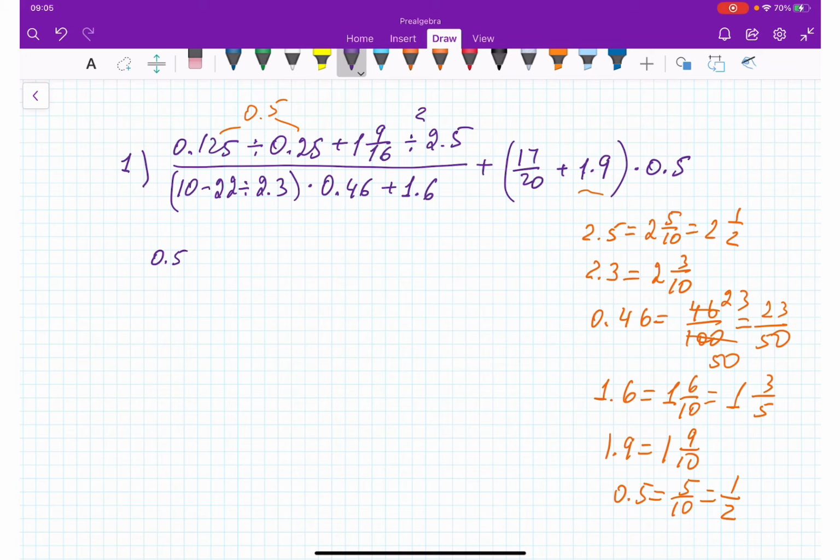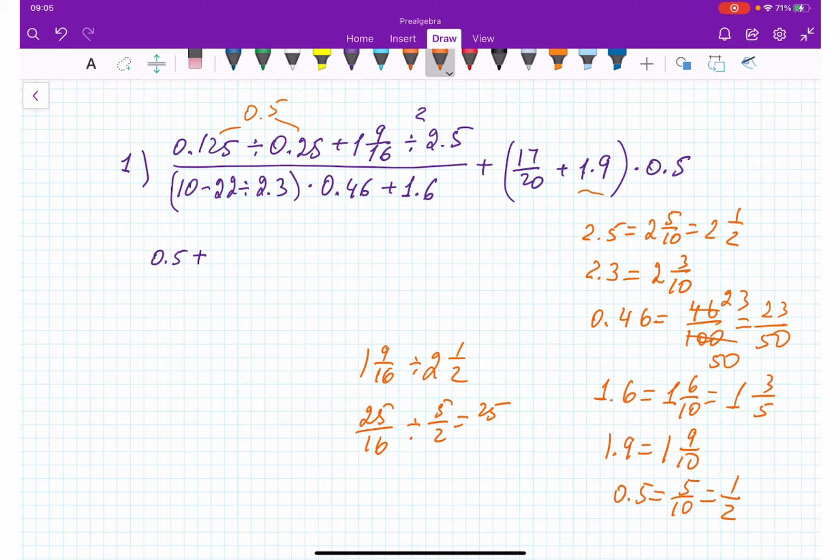So I am getting here 0.5 plus, now let's divide 1 9/16 by 2.5, which is 2 1/2. So let's do this drafting. 1 9/16 divided by 2 1/2. We are getting 1 times 16 is 16, plus 9 is 25 over 16. And we are dividing 2 times 2 is 4, plus 1, 5 over 2.